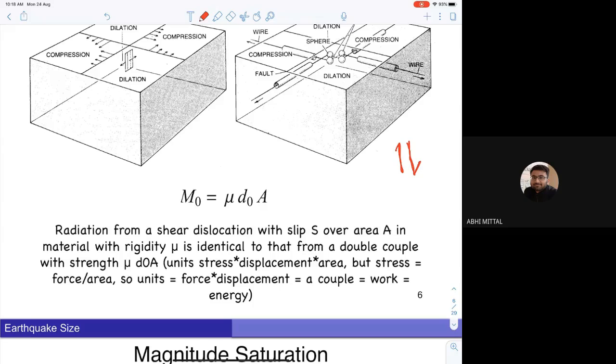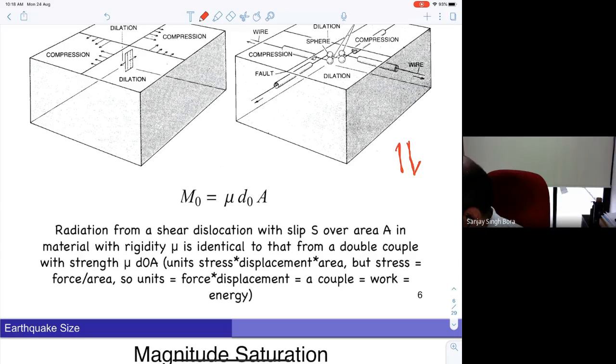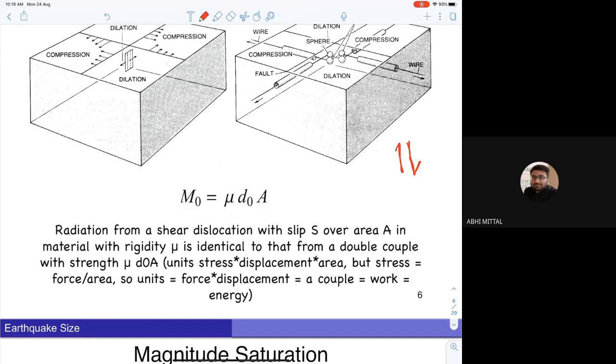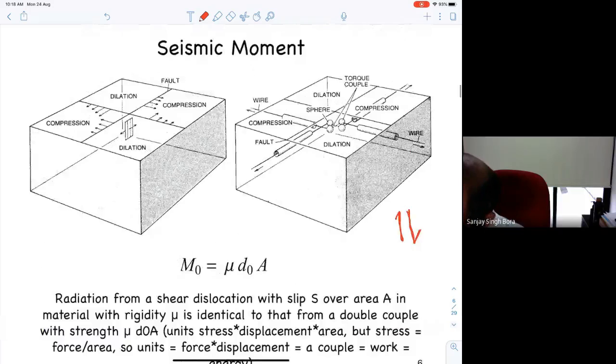Like how compression is happening diagonally and dilation is happening in the figure here, also in this slide. So did anyone else read it? How these are dilation and how these are compression?